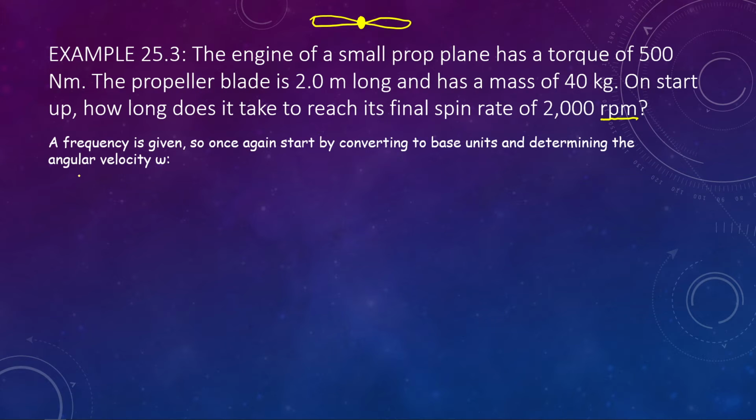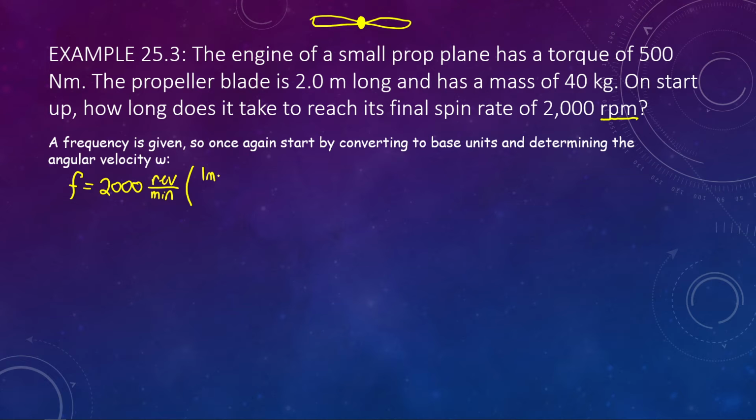So we are given a frequency of 2,000 revolutions per minute. Revs per minute. Well, we need to convert this, because our base unit of time is seconds. This is in minutes. So let's convert this.